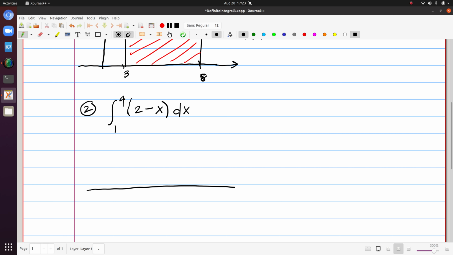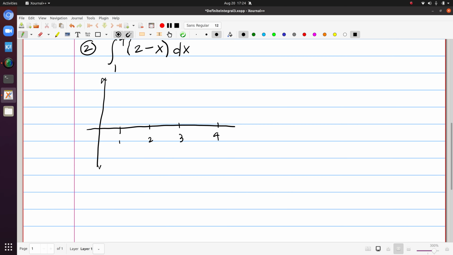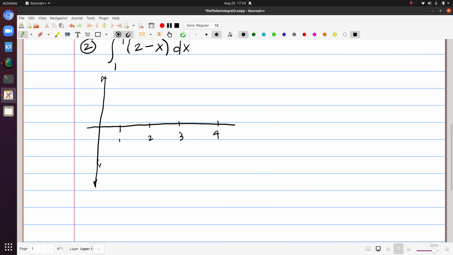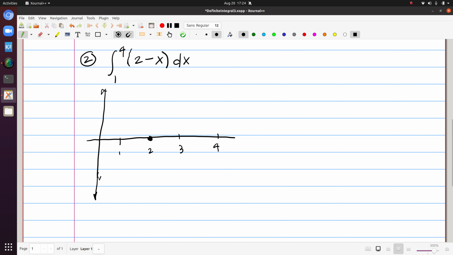Okay, so I'll put my y-axis here, and we can think about drawing this line: 1, 2, 3, and 4. For this function, we know it's going to cross the x-axis at 2.